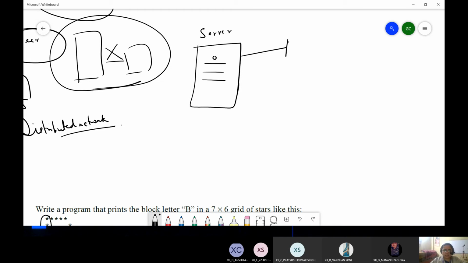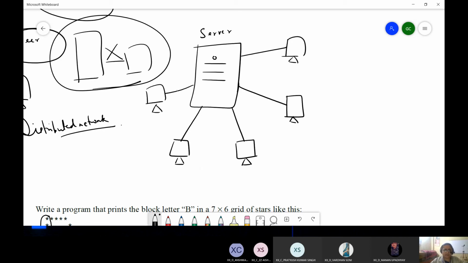And many small terminals, either dumb terminals or intelligent terminals containing their own processing speed, storage capacity and memory, like workstations.